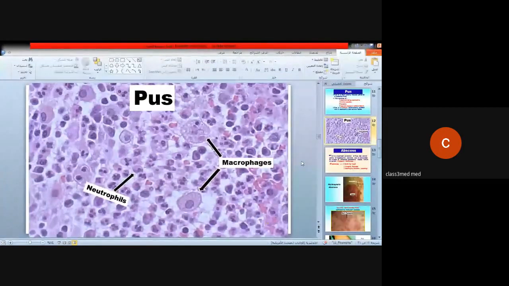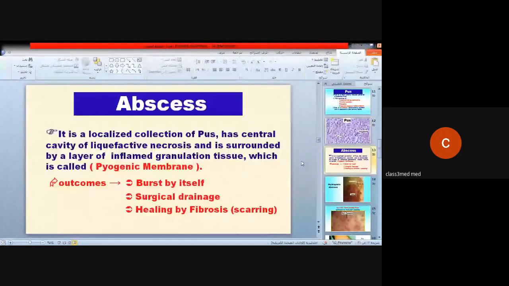We come to the abscess. What is meant by abscess? Abscess is defined as a localized collection of pus, with a central cavity of protective necrosis, surrounded by a layer of inflamed granulation tissue, which is called the pyogenic membrane.